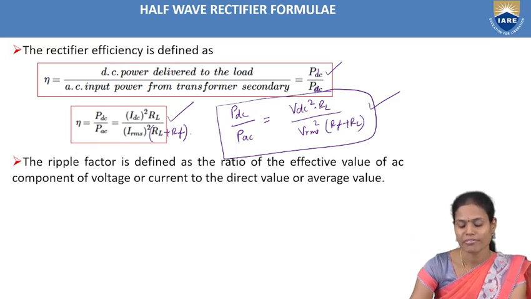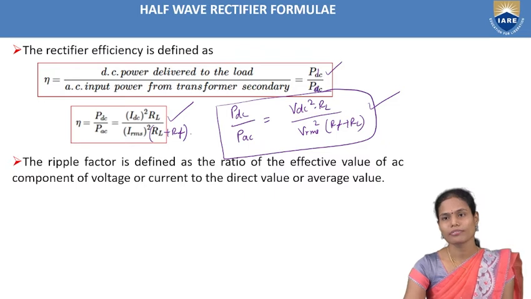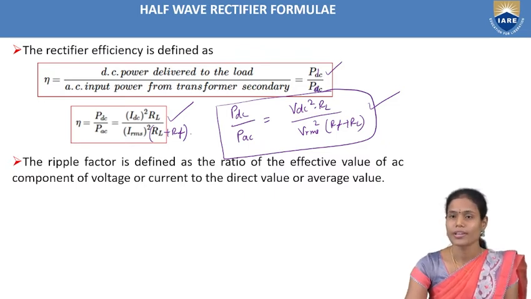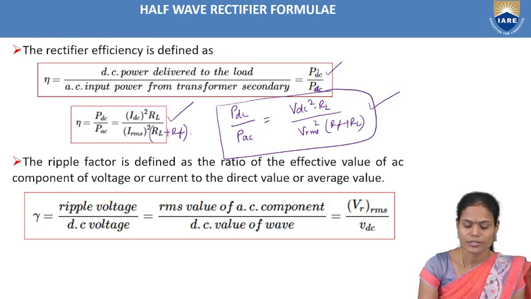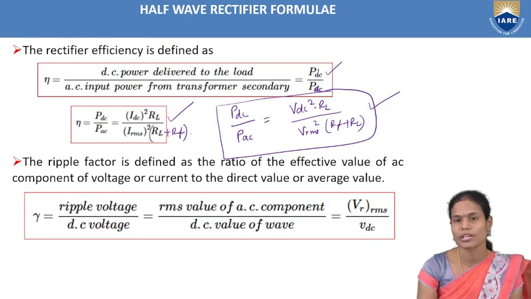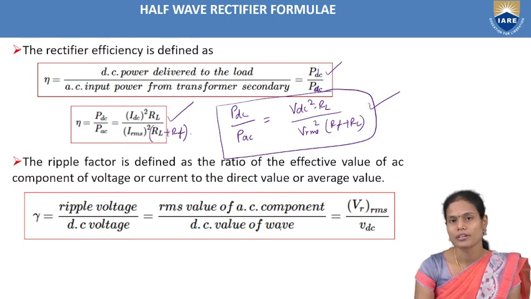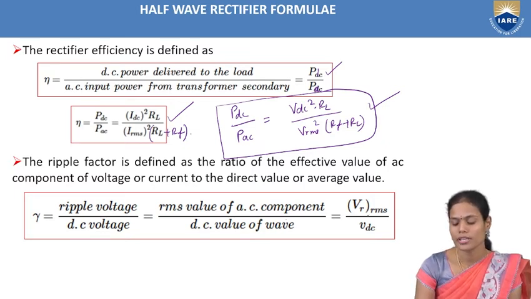And next, ripple factor. Ripple factor indicates how much AC component is present in the voltage or current when we are calculating the average or DC value of the signal. We can calculate it as the ratio of the RMS value of the AC component divided by the DC value of the output signal, that is VRMS by VDC.